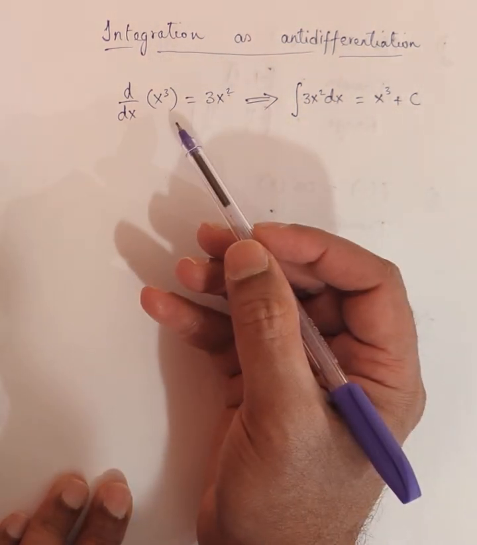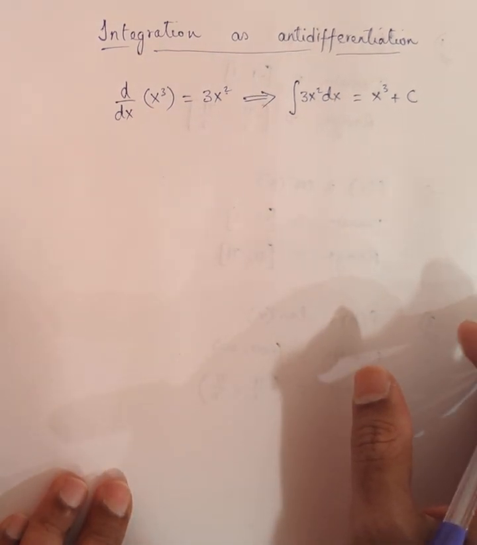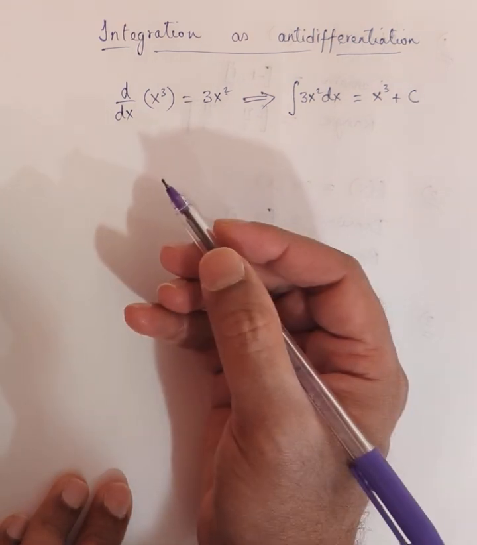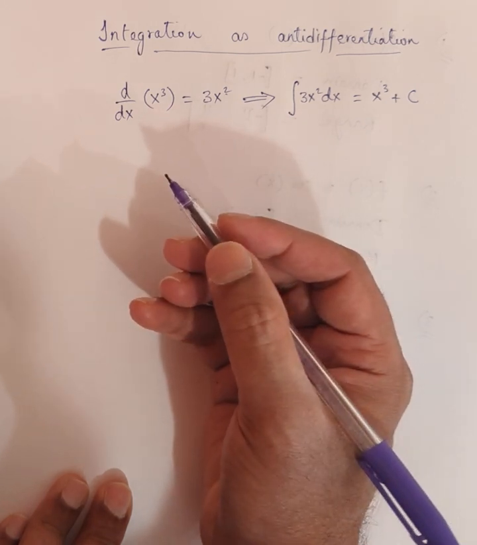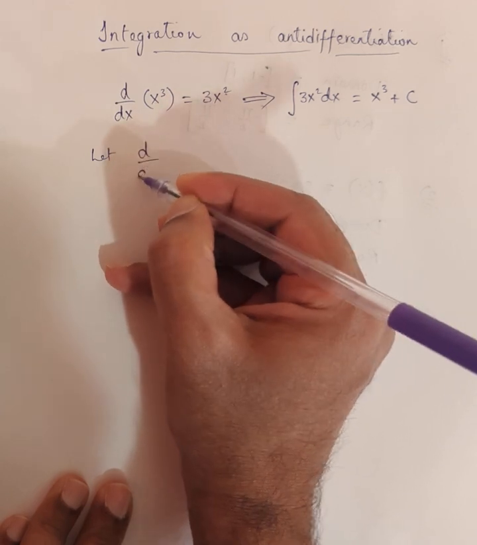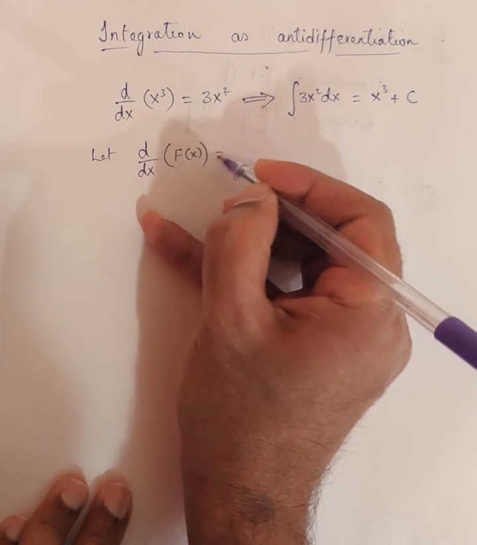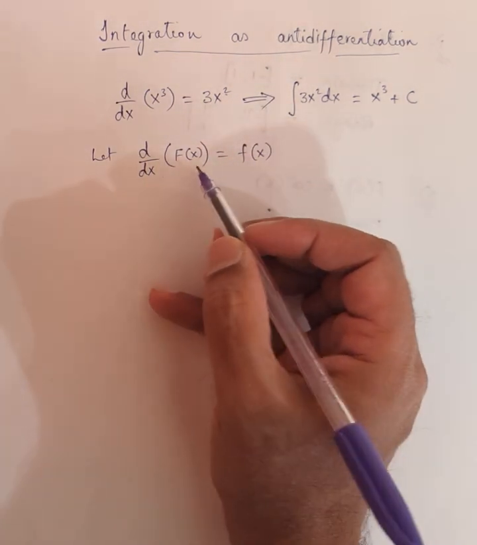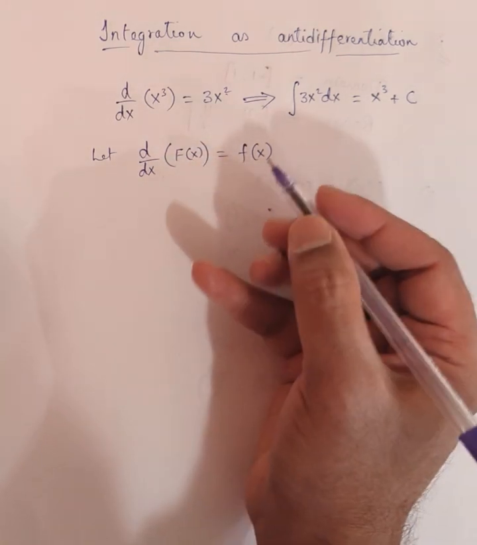Just like derivatives, integration will also have certain nice properties. So one of the things we saw is that the derivative has the sum and constant multiple rule. So let's write down that the derivative of uppercase F of x equals lowercase f of x, which means if I differentiate some function, I'm getting lowercase f.